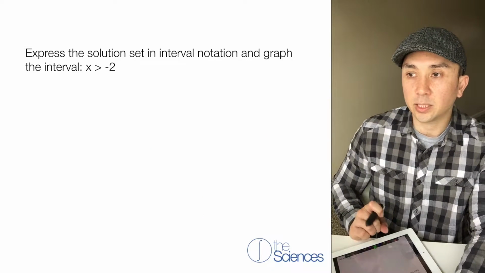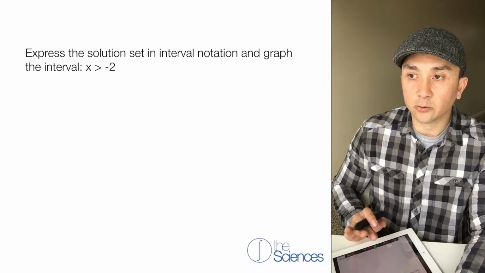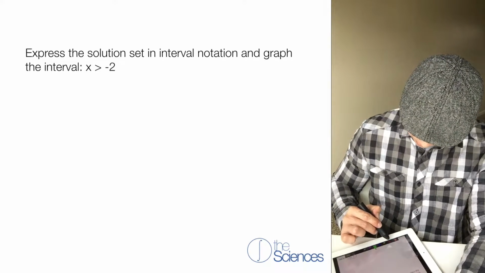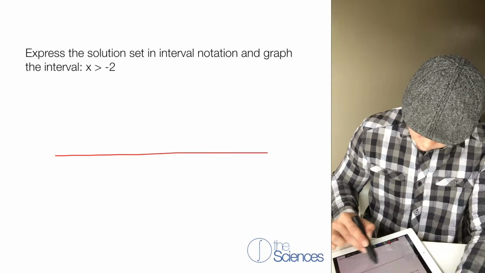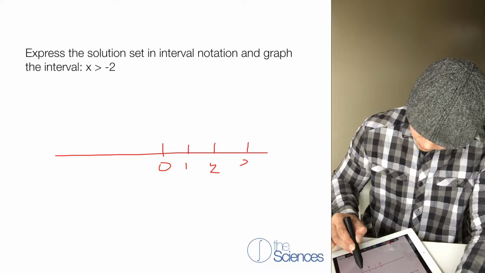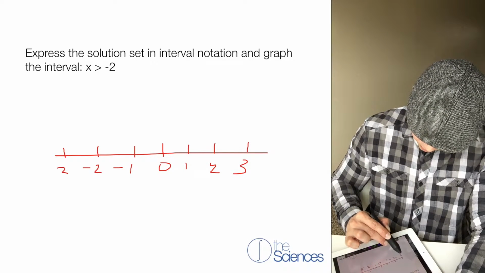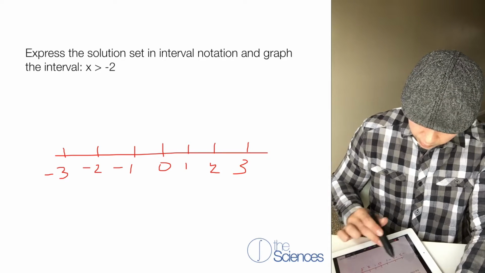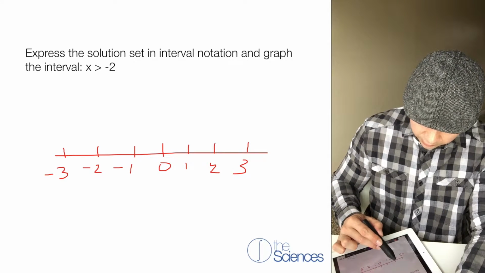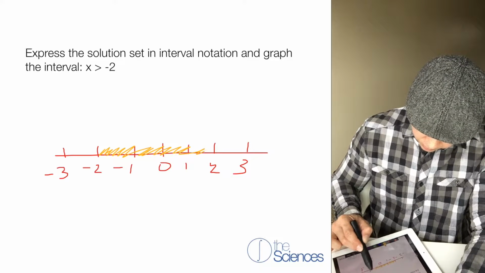Now let's express the solution set in interval notation and graph the interval x is greater than negative 2. So let's draw our number line. So now we know x is greater than negative 2. So that means x goes in this direction.